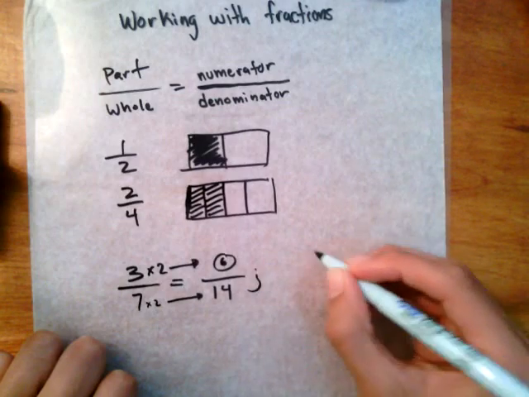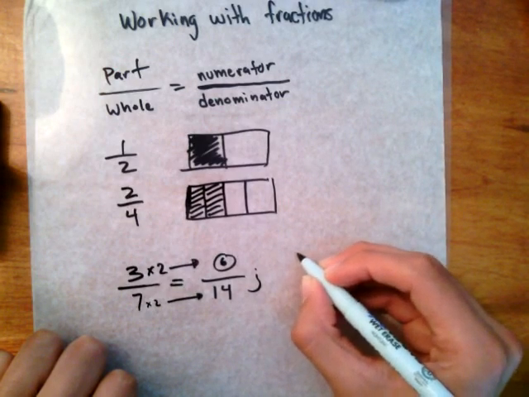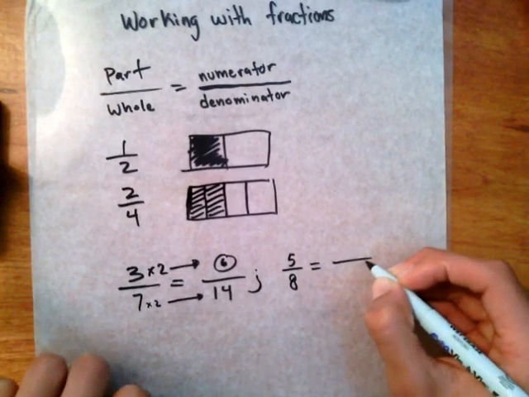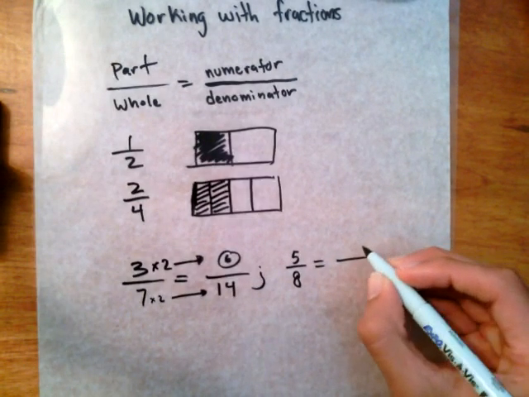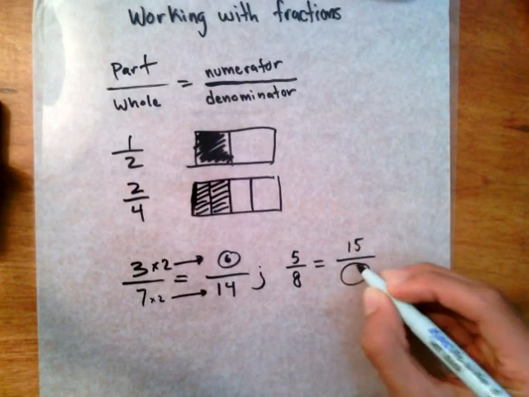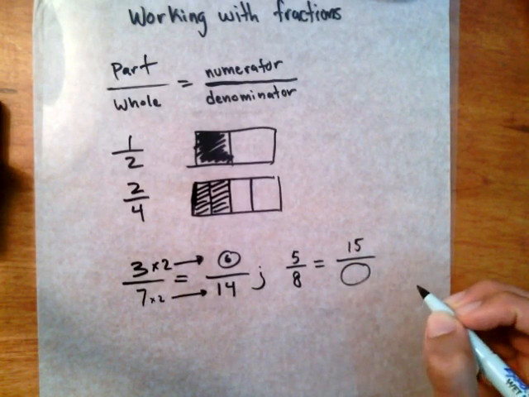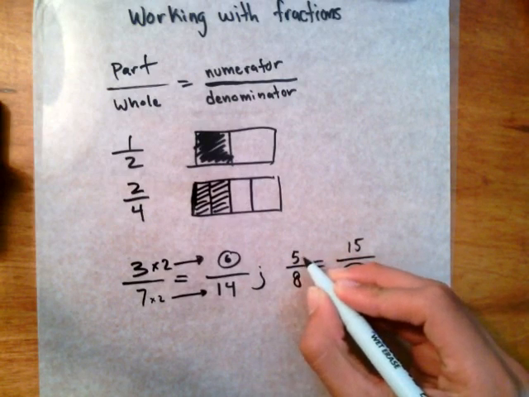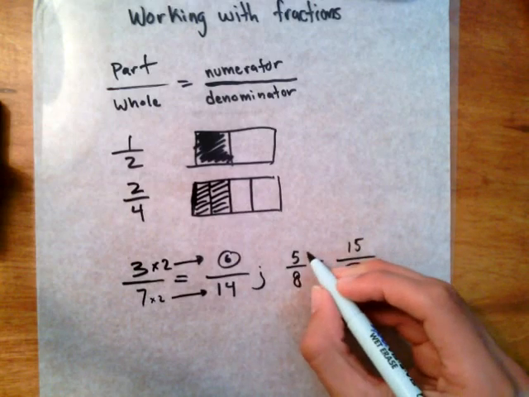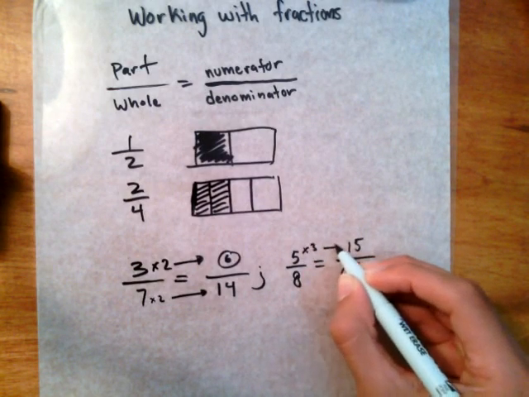And another example would be, say we have a fraction of 5/8. And we want an equivalent fraction where the numerator is 15, and then we want to figure out what the denominator would be. So yet again, in order to transform 5 into 15, we would have to multiply it by 3.